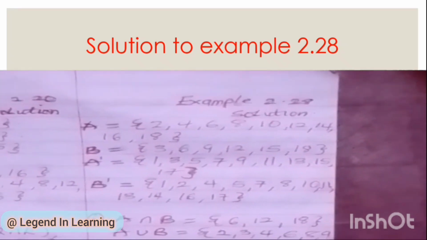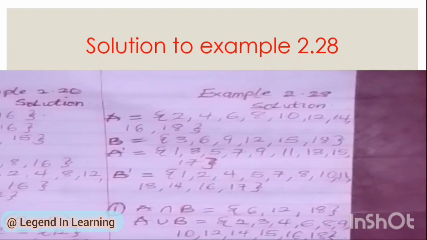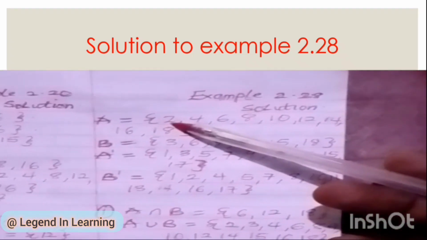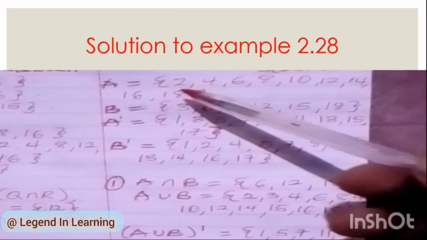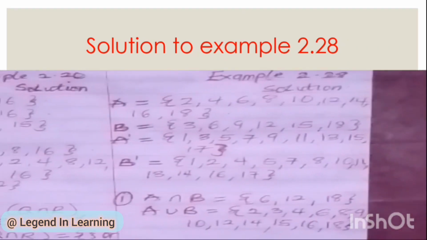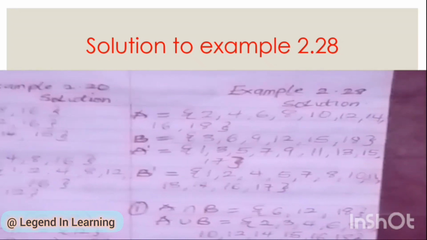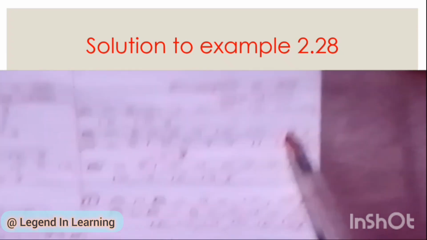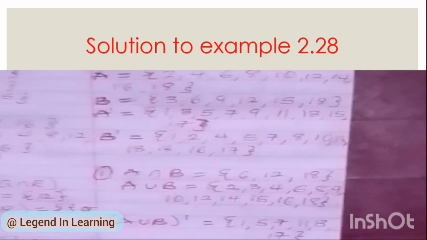We're given a universal set in the question, and we're given set A to be even numbers. Because the universal set ends on 18, we end on 18: 2, 4, 6 to 18. And B says we should list the multiples of 3. The multiples of 3 also end on 18, because the universal set ends on 18.